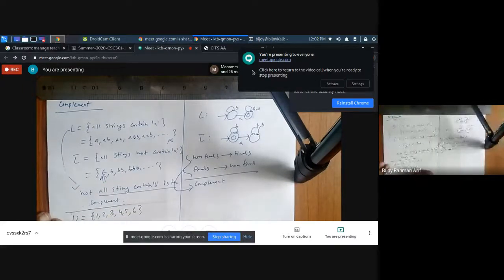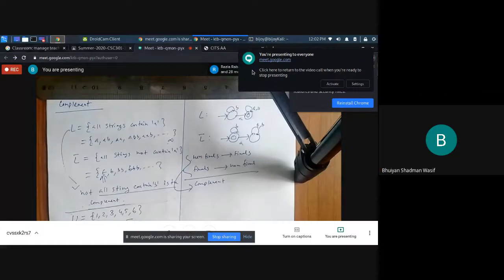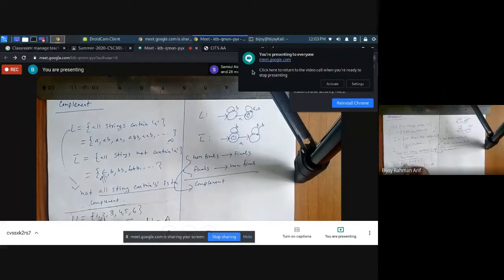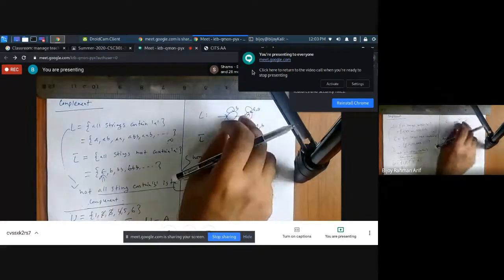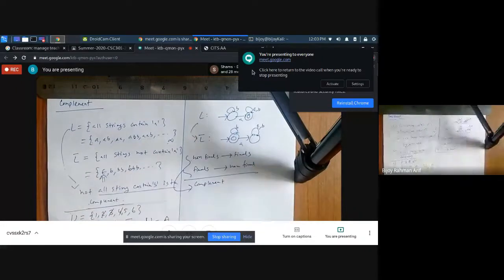Then what is the complement of A? 1, 5, 6: universal minus A. Yes, so universal set minus A, where I have to remove 2, 3, 4, is nothing but 1, 5, 6. So using this concept, can you explain why the complement of this is this?